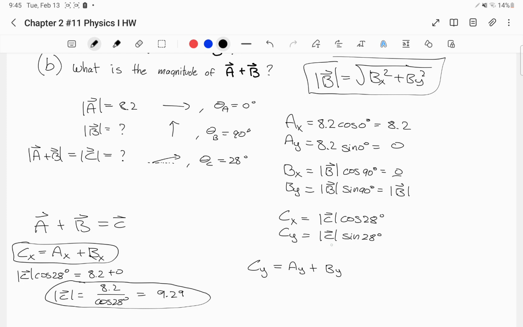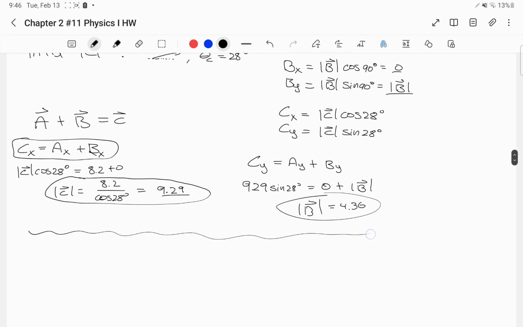So C sub y is going to be its magnitude, which we just found to be 9.29, times sine of 28 degrees, is equal to A sub y, which is 0, plus B sub y, which is the magnitude of B. Putting 9.29 times sine of 28 in your calculator should give you 4.36 units.